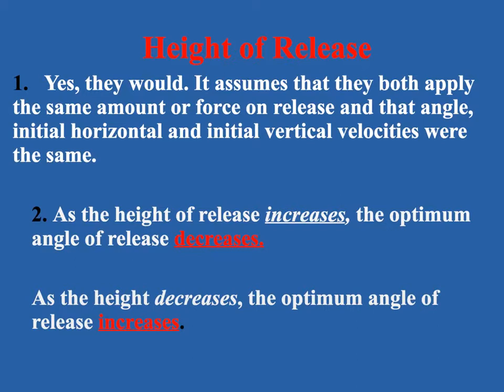So question 2 is, as the height of release increases, the optimal angle of release decreases, gets smaller. And as the height decreases, the optimum angle increases. So if you're short, you're shooting from a greater angle.